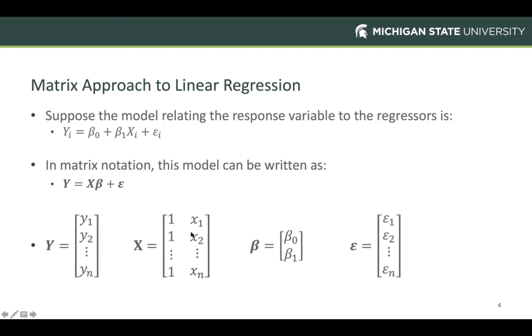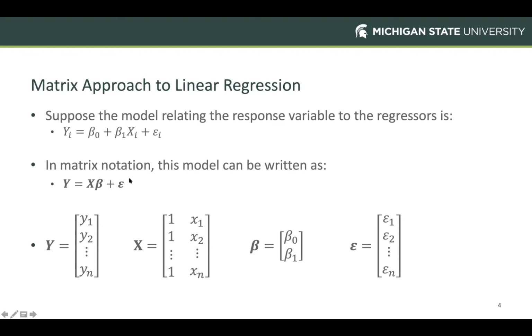Our x matrix characterizes the depth of the rumble strips in the pavement measured in inches, and this column of ones is reflective of our constant term. As we multiply matrix x times beta, we would have beta naught times 1 plus beta 1 times x that corresponds to that individual observation, for each of our observations, again up to a sample size of n.